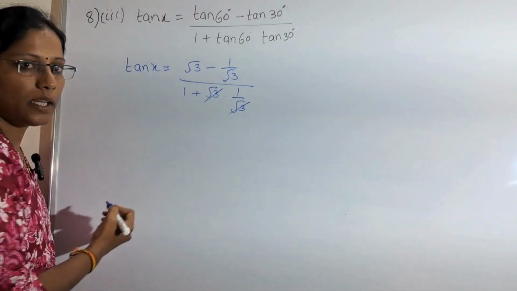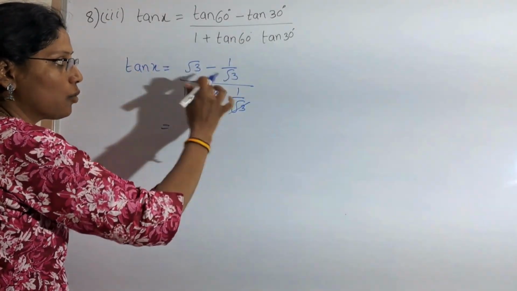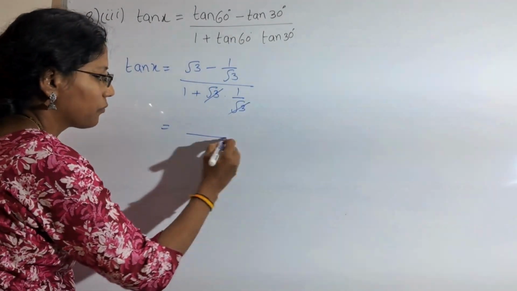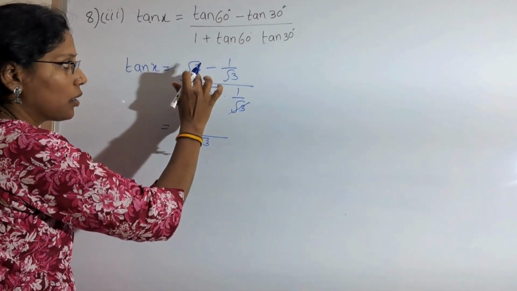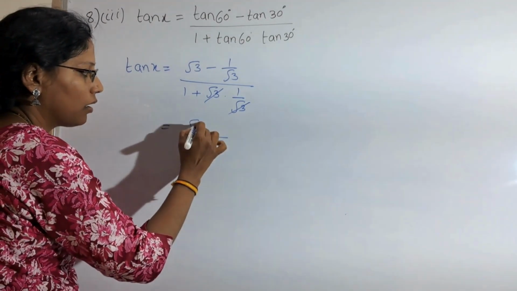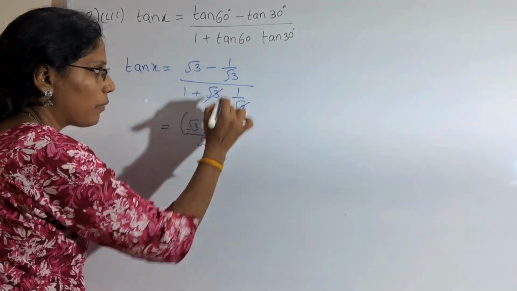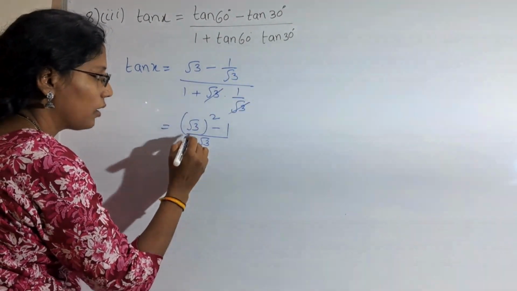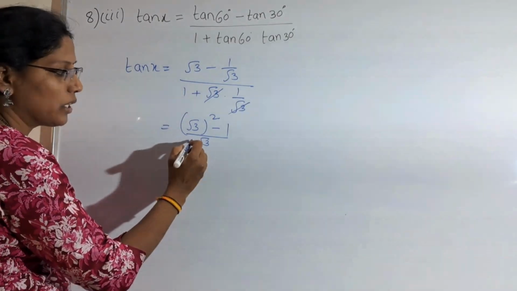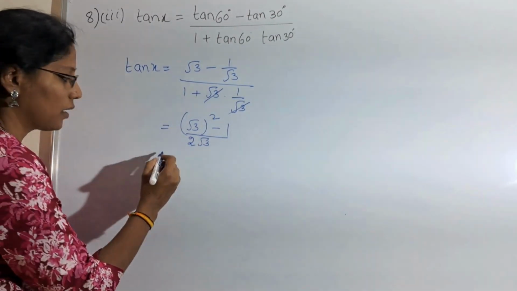Here root 3 cancels. In the numerator we take the LCM, root 3: root 3 into root 3, whole square, minus 1. Here 1 plus 1, 2, will come. We have to write it here.